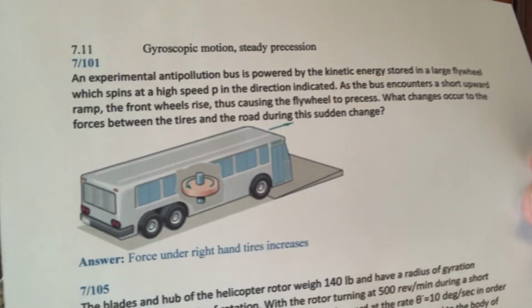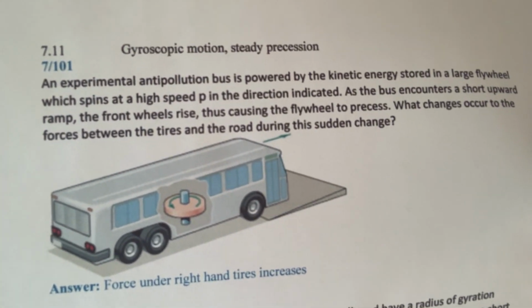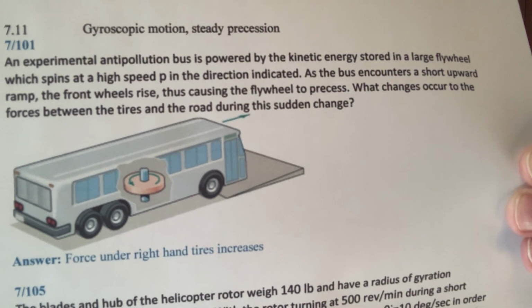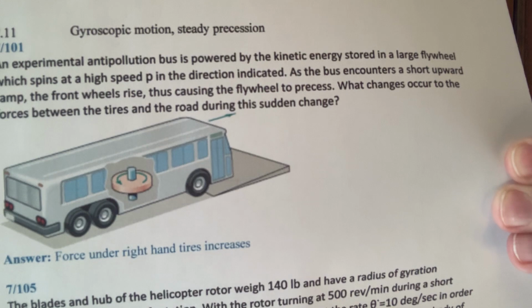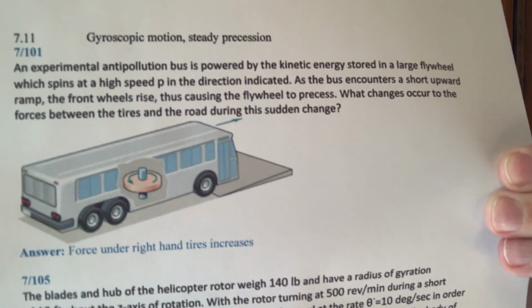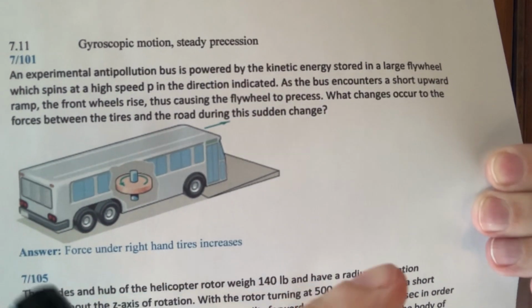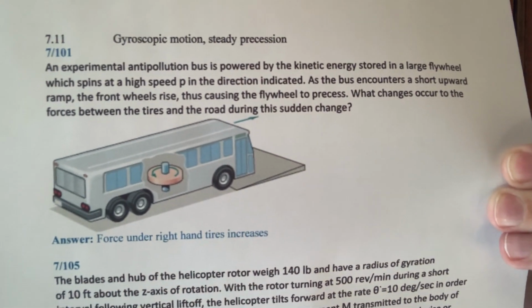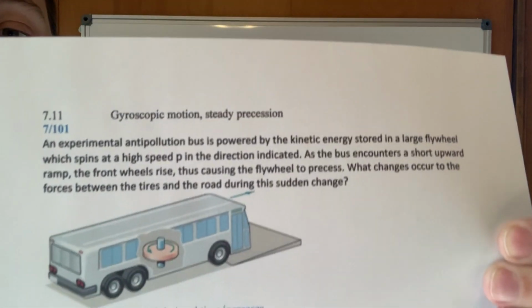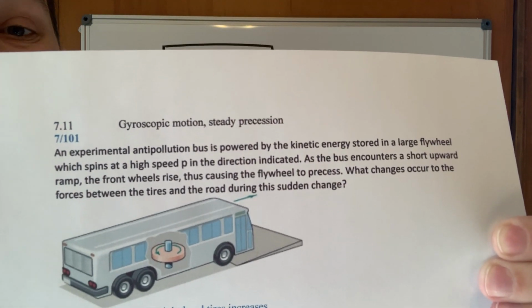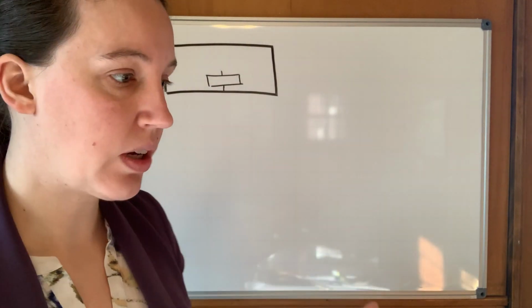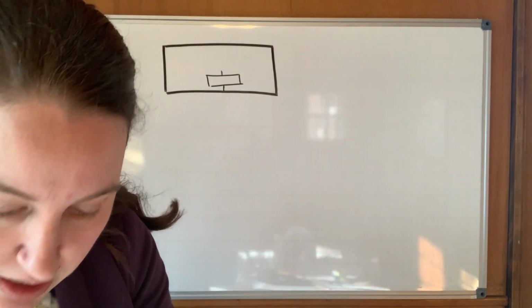So that's this problem here. There's a bus, it's driven by some flywheel, and it starts to go over a little hill. So that's this kind of ramp here. And as it goes up this ramp, it changes the forces on the tires. So which tires get more weight and which tires get less.